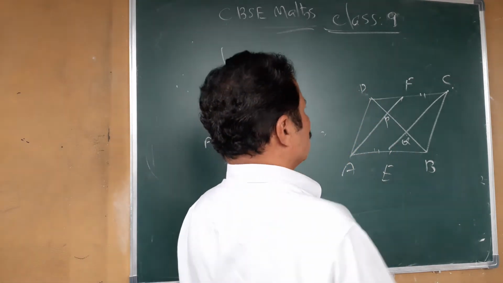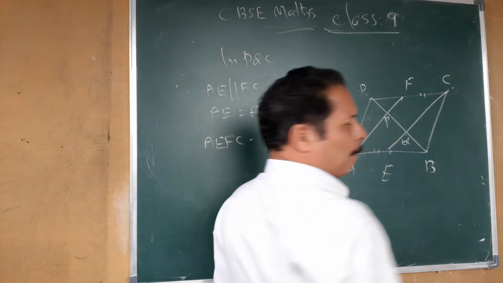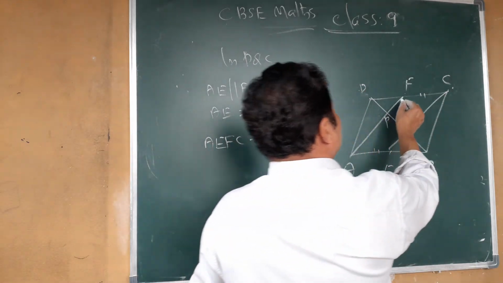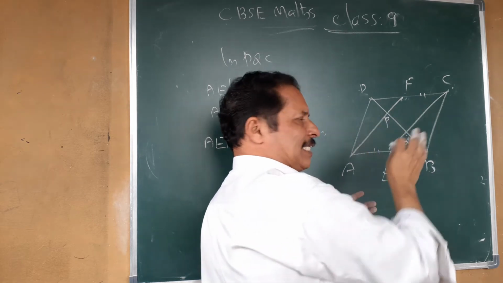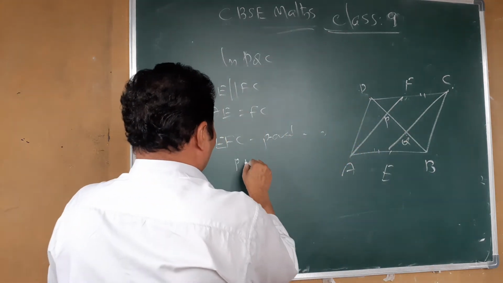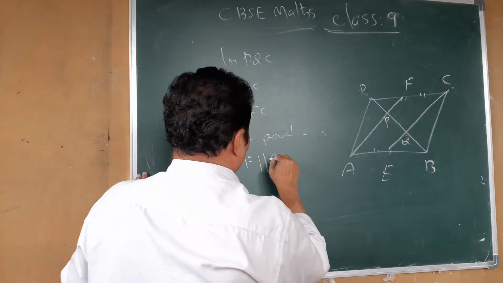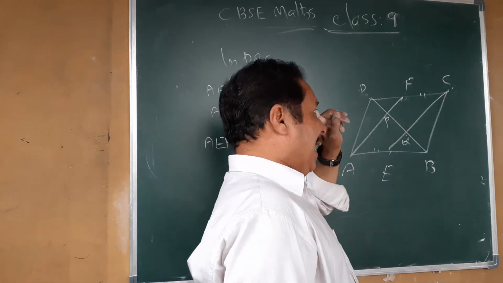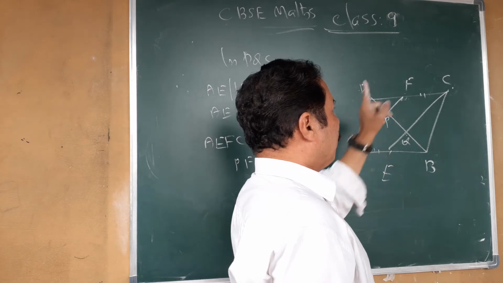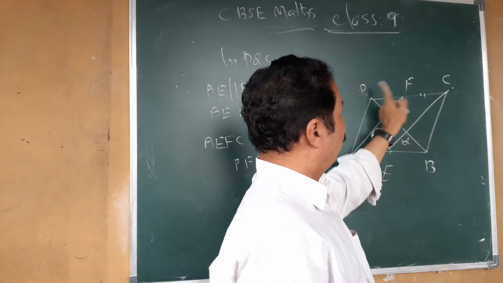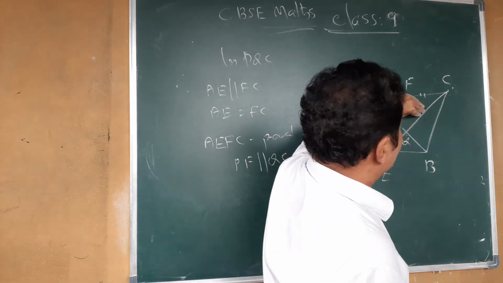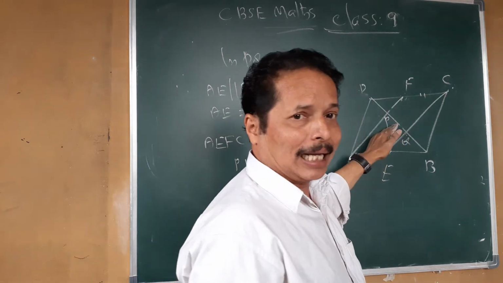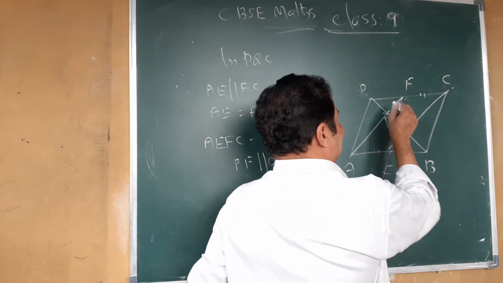So, these two lines are parallel. And F is given, it's a midpoint. Therefore, PF parallel to QC. A line passing through the midpoint of one side of a triangle, parallel to another side, bisects the third side.